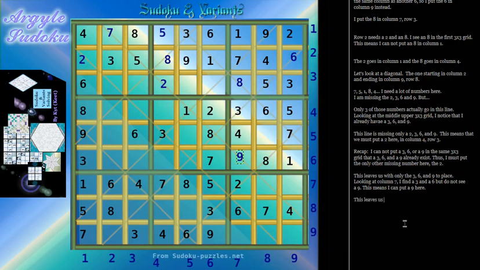This leaves us with the 3 or the 6 going in column 8. I see a 6, so I will put the 3 here.